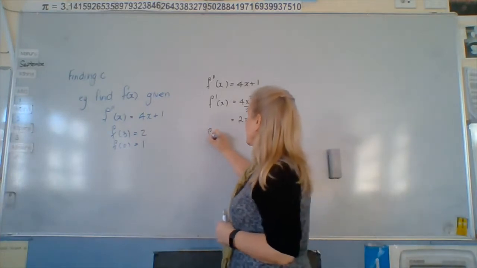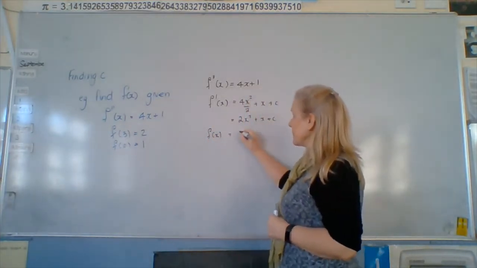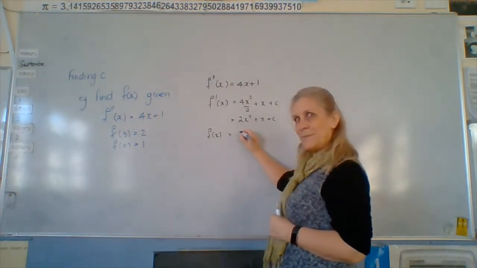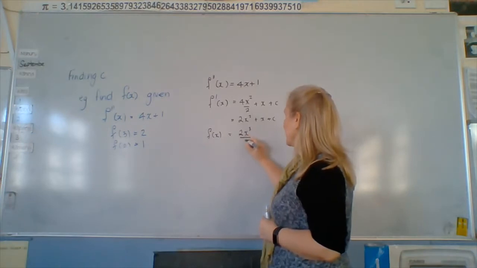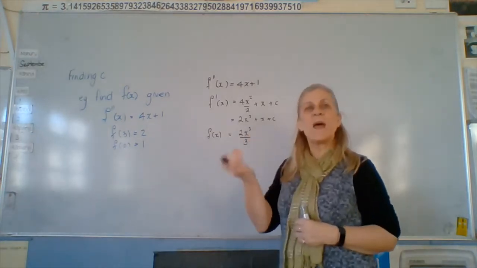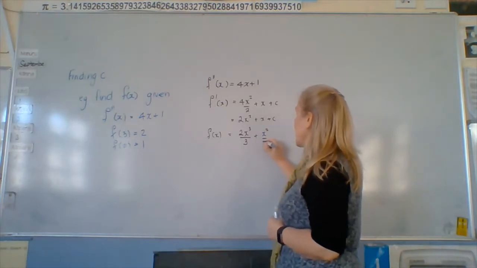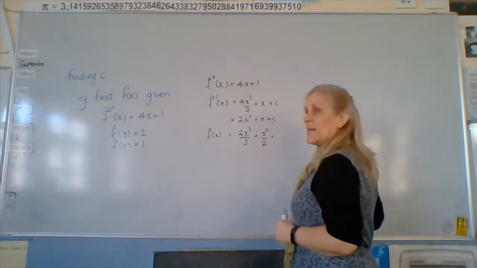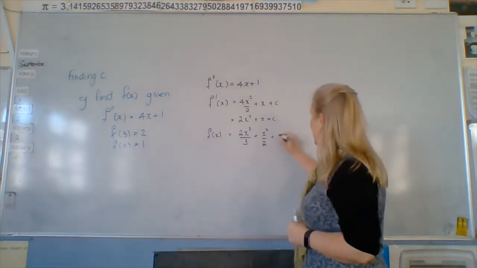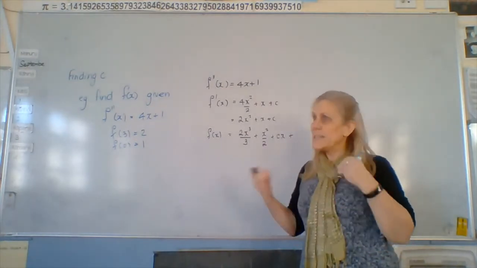Now we're going to go to f of x, which is: increase the power, divide by the new power. This is a number or a constant, so what do we do here? Add an x, good. And what do we do next? D. Okay, it's not the same C.